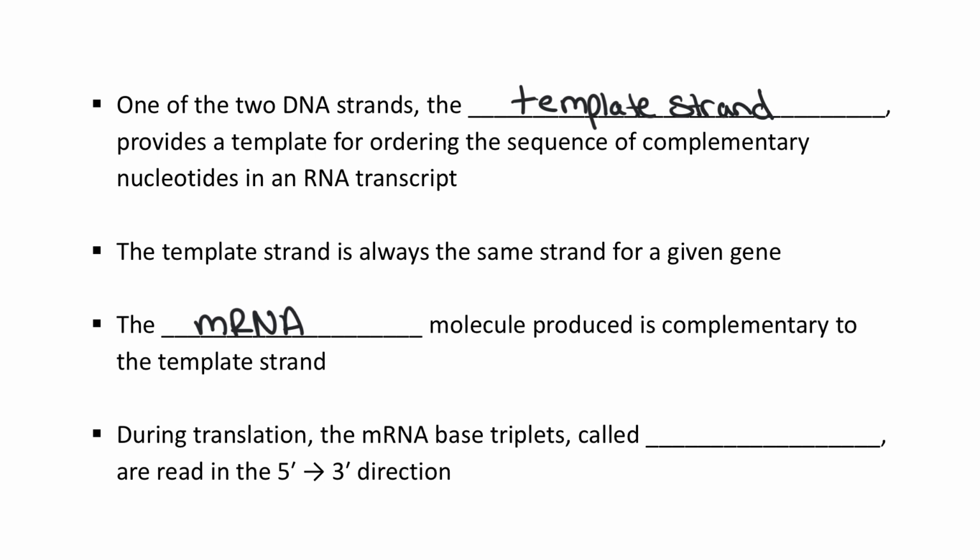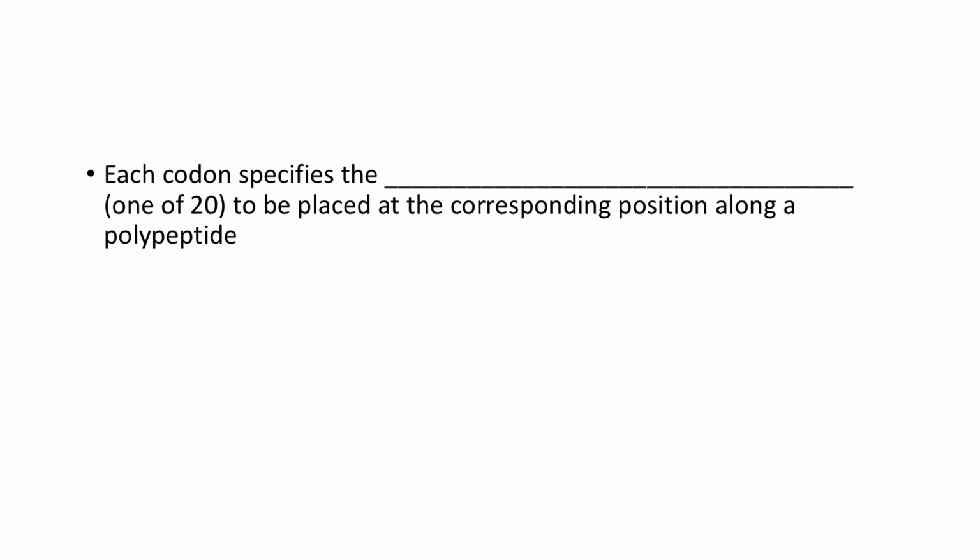During translation, the mRNA-based triplets, which are called codons, are going to be read in the 5' to 3' direction. Each codon is going to specify the amino acid, which is going to be one of 20.